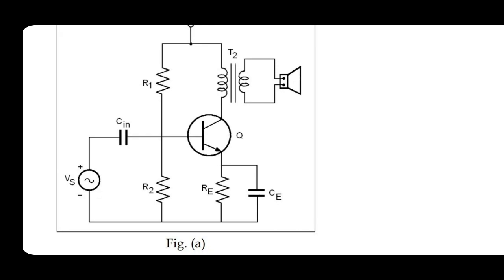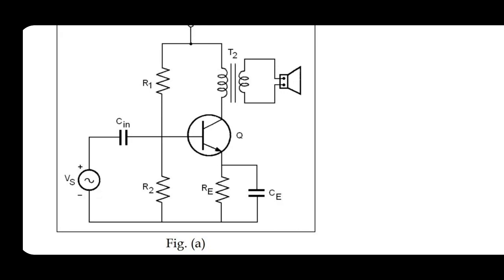In order to have maximum AC power output, the peak value of collector current due to the input AC signal alone should be equal to the zero signal collector current.